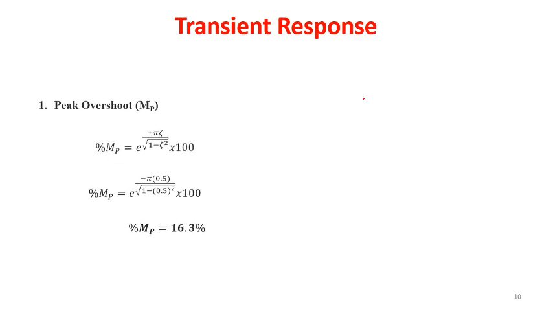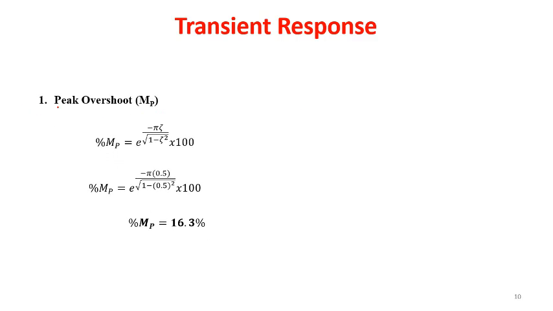From the time response specifications, percentage peak overshoot Mp is equal to e to the power minus pi zeta divided by root of 1 minus zeta square, into 100. Substituting zeta equal to 0.5, after multiplication with 100 we get 16.3%. This is the peak overshoot value.